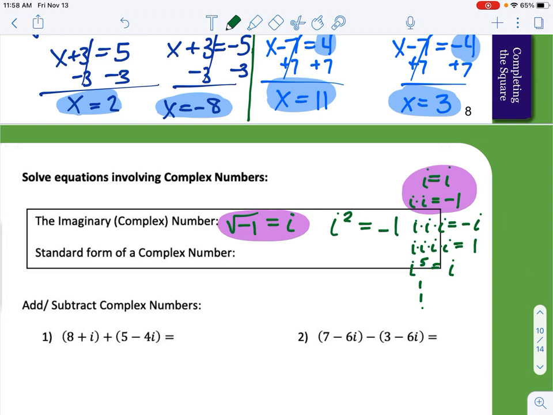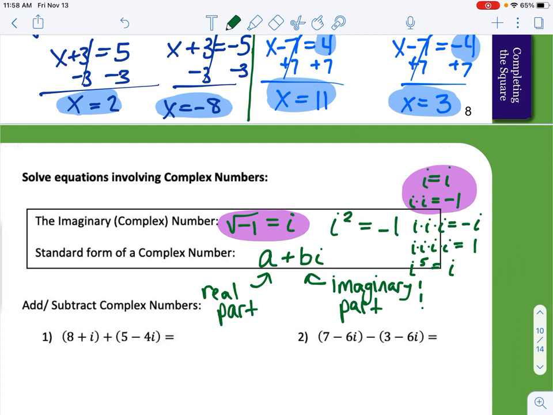We also have the standard form of a complex number, which is written as a plus bi, where bi is the imaginary part and a is the real part.